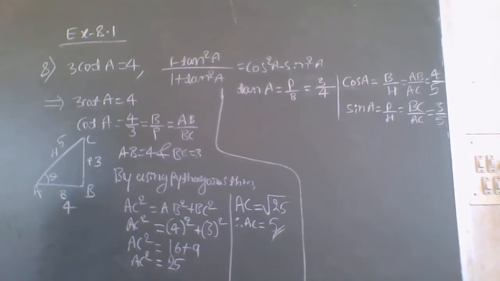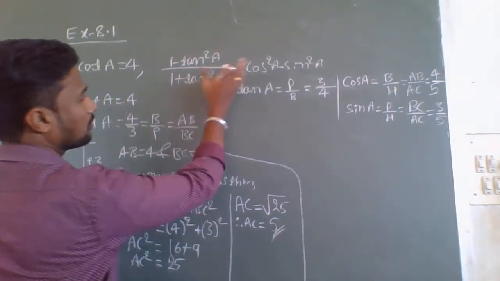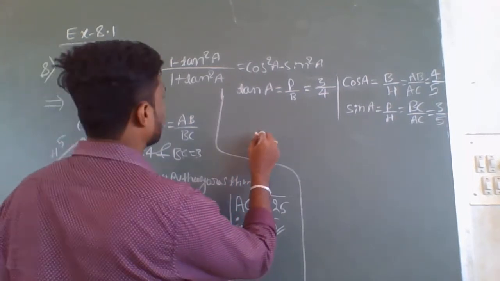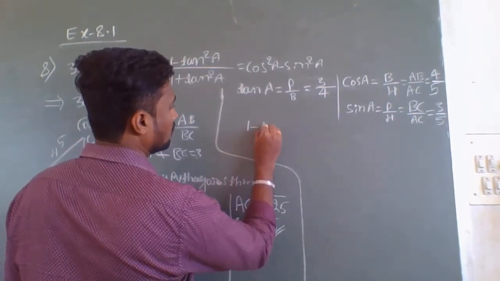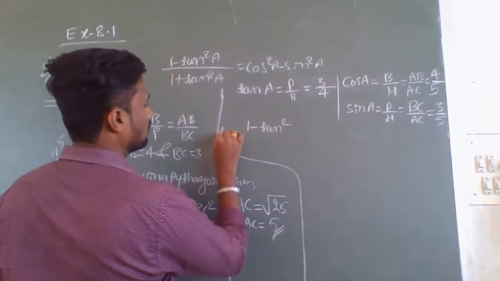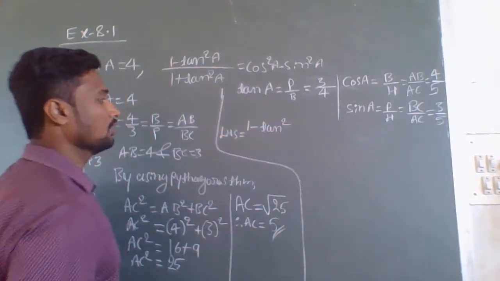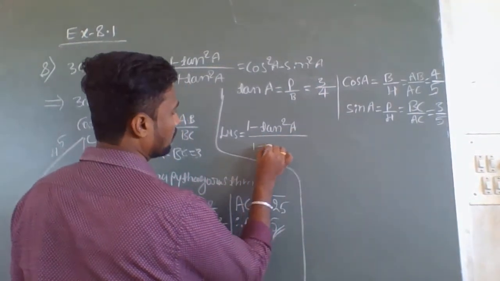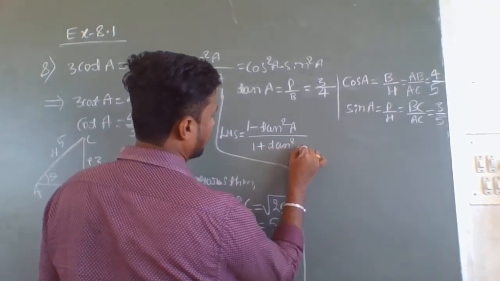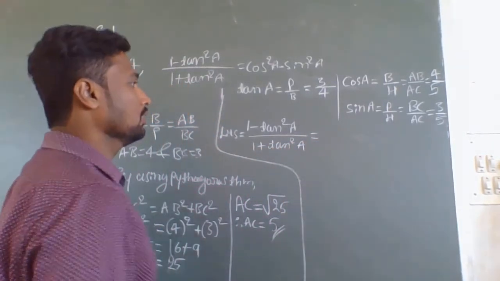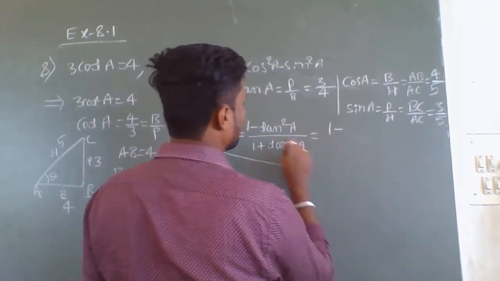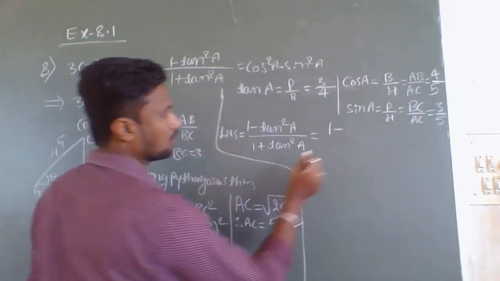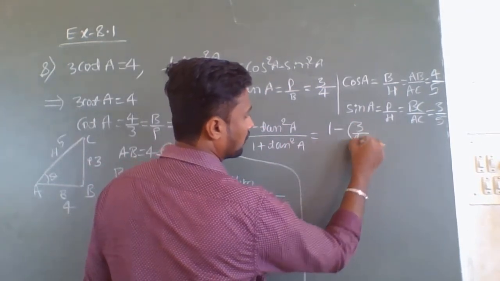So now we have to check whether this left hand side equals right hand side or not. So first we will calculate this LHS, 1 minus tan square A divided by 1 plus tan square A. Here tan A value is 3 by 4, so tan square A means 3 by 4 whole square.